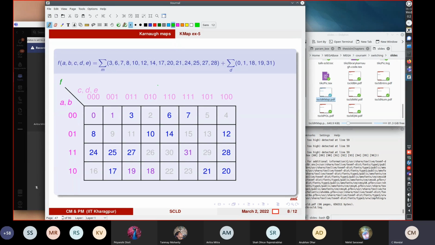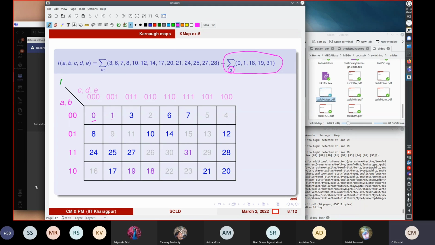Let us take another example where you have don't cares. Okay. So note this part. These are your don't care terms. That means these don't care terms are indicated here.